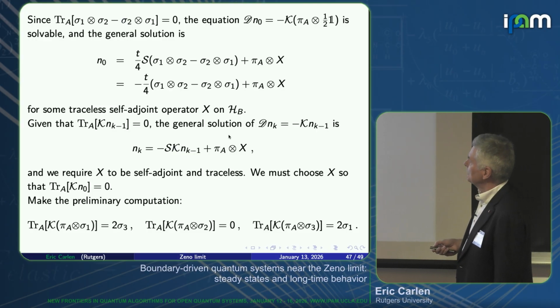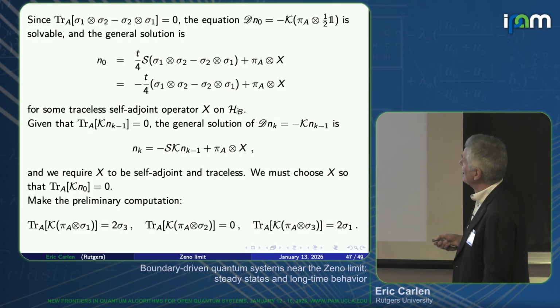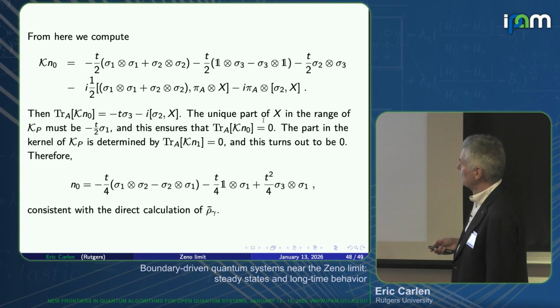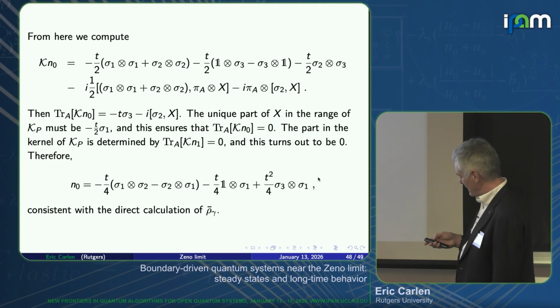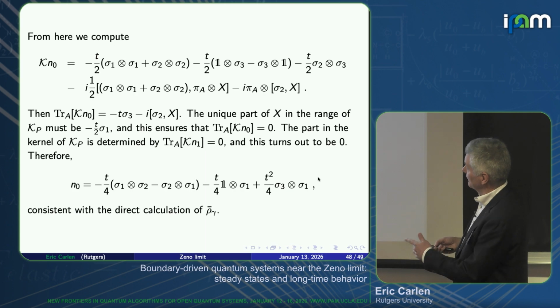Okay, and so checking the Fredholm conditions tells you in 2 stages what the X is, and lo and behold, you do the calculations, and here's exactly what N naught is. And so the N naught coming from these equations is consistent with what we found by exact calculation before.